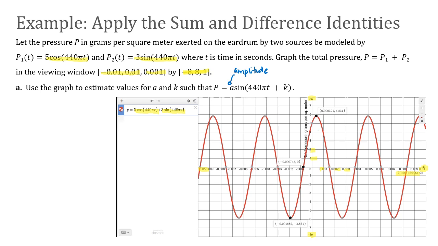Well, it looks like the midline is occurring at that horizontal axis. So what we're talking about for the amplitude is the height. How tall and how low does this graph get? Now, the points have been labeled for me, and it's that second coordinate that gets me the height. So it looks like my A value, or my amplitude, is 5.831.